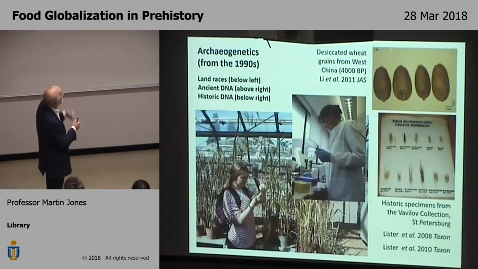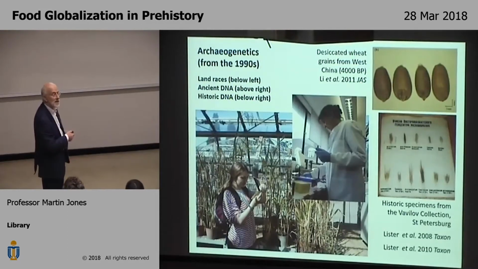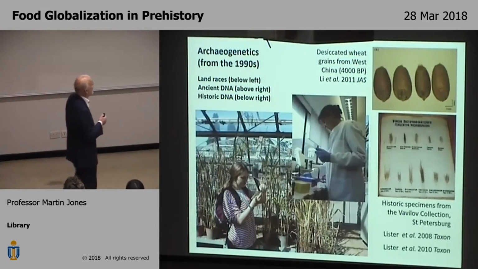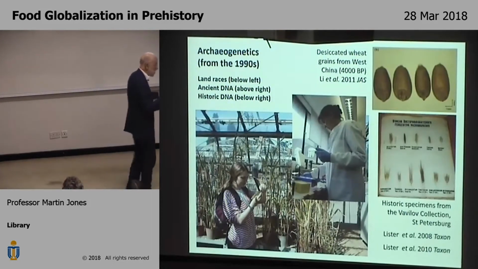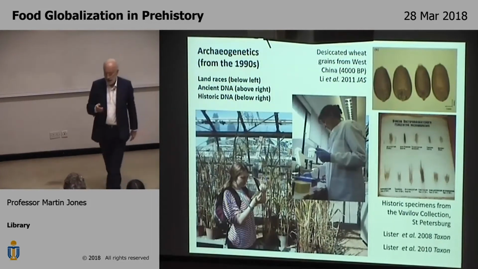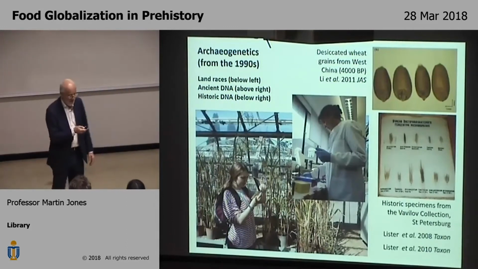This particular site from Western China is 4,000 years old, and in these desiccated grains, the DNA is good enough to check that hypothesis. So we use landraces and historic DNA to build hypotheses, and then archaeological DNA, ancient DNA, to test them. So that's Harriet and Dyer with their millet and barley.